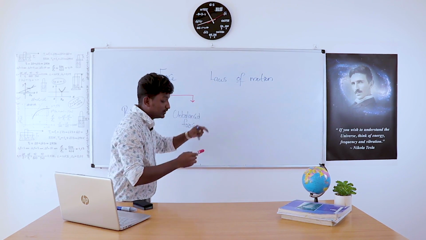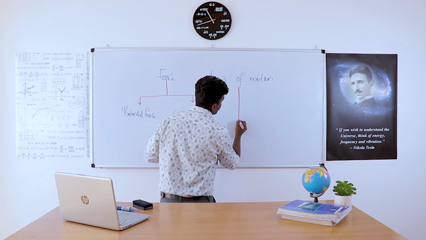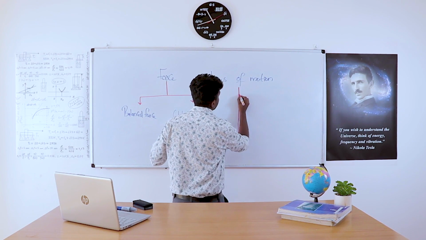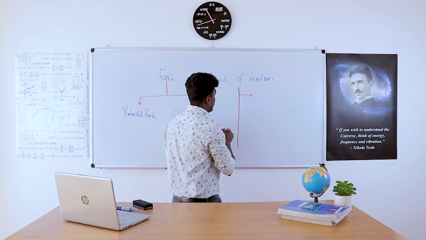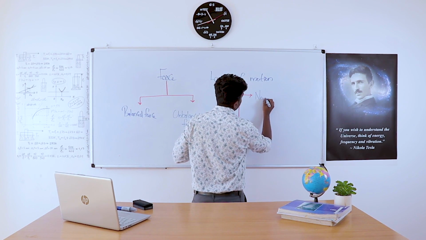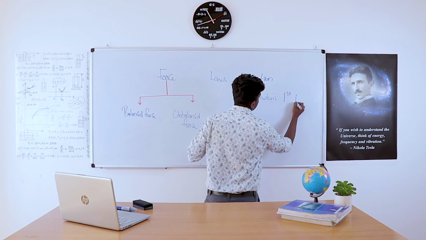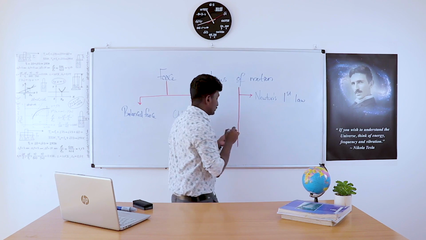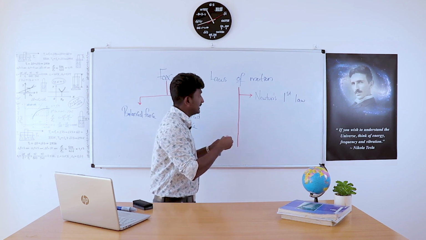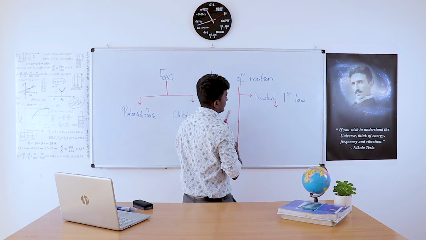In laws of motion, we have three laws. The first one is Newton's first law of motion. In Newton's first law, we arrive at a term called inertia.